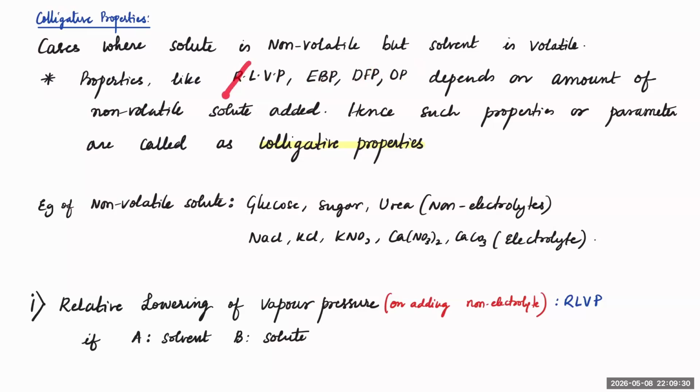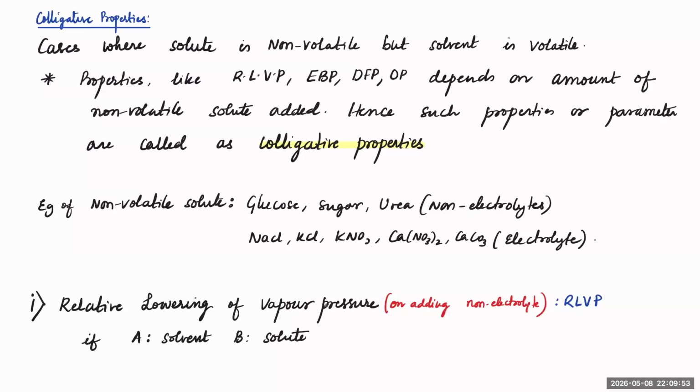RLVP means relative lowering of vapor pressure, EBP elevation in the boiling point, DFP depression in the freezing point, OP osmotic pressure. These are four different colligative properties which solely depend on how much non-volatile solute you have added.